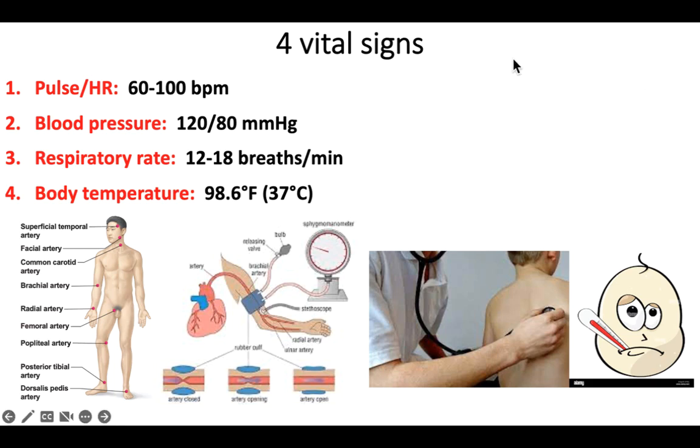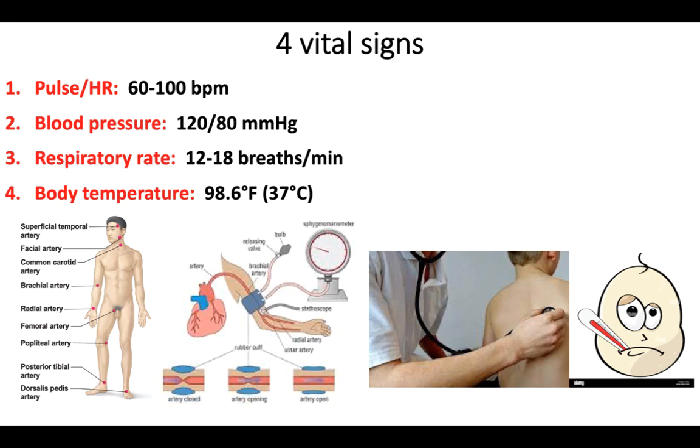So let's start with the four most important vital signs a medical professional needs to be able to determine. The first one is a pulse or heart rate, and that's pretty straightforward. They're going to use certain pulse points throughout the body. A pulse point is an area where an artery is fairly superficial, so you can palpate it or feel it.